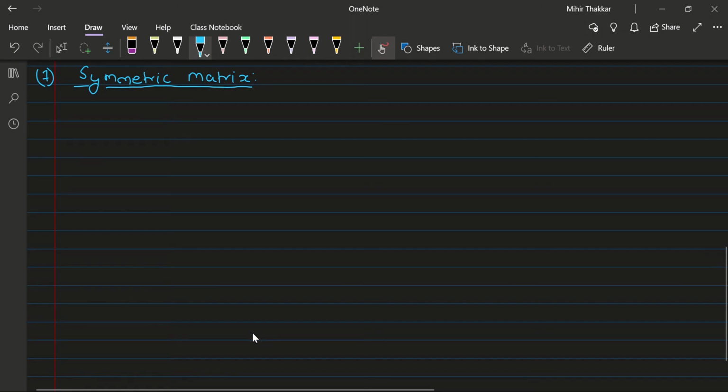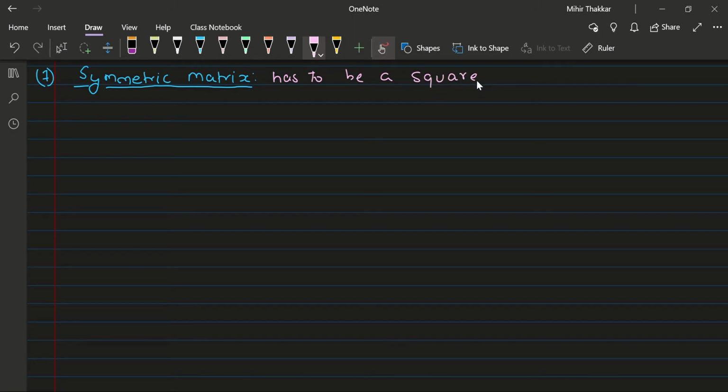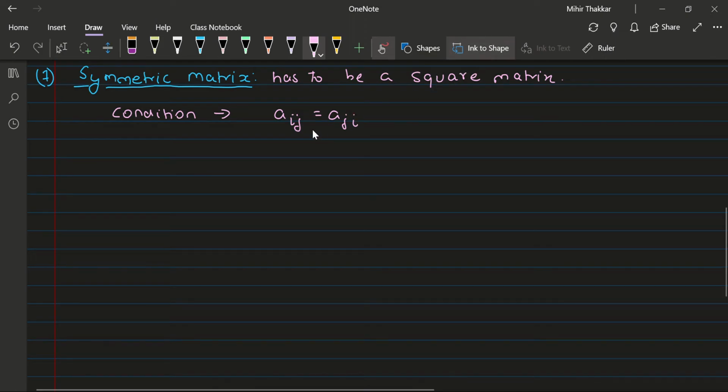Once again, a symmetric matrix has to be a square matrix, and the condition is that the Aij element must be exactly equal to the Aji element. This is the required condition in case of a symmetric matrix.